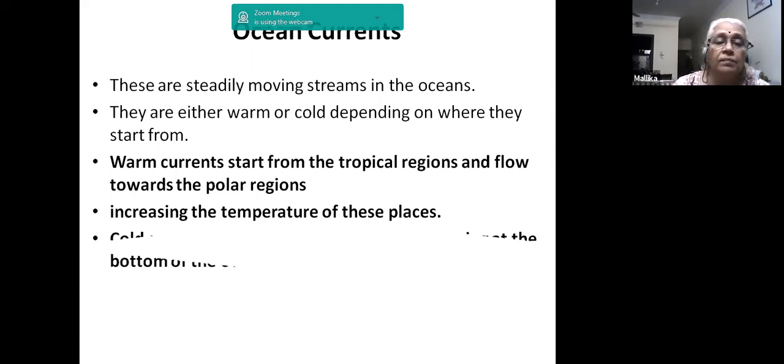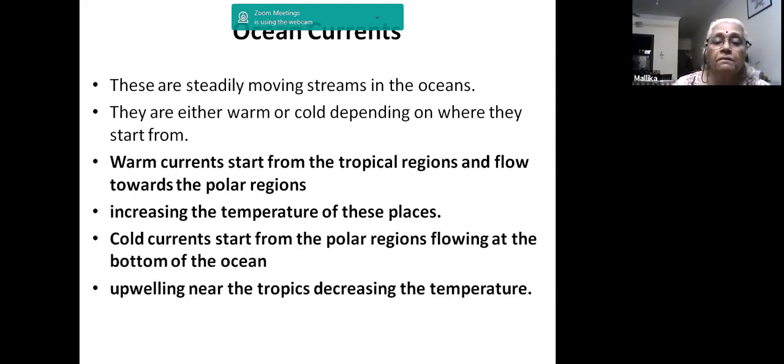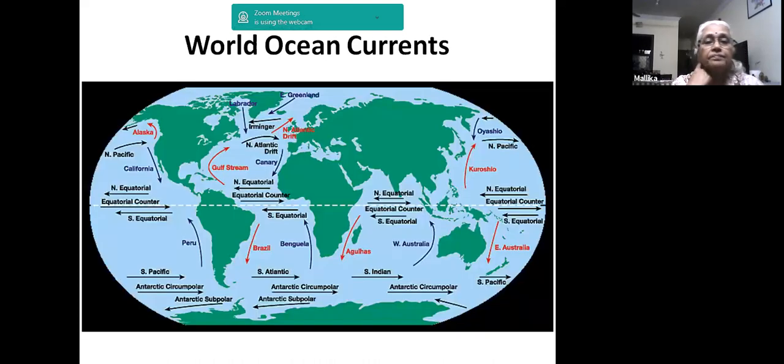Okay, so I'll show you the map here. Here is where you have red and blue. The red is the warm current and the blue is the cold current. So the mechanism to begin the currents was in the polar regions.